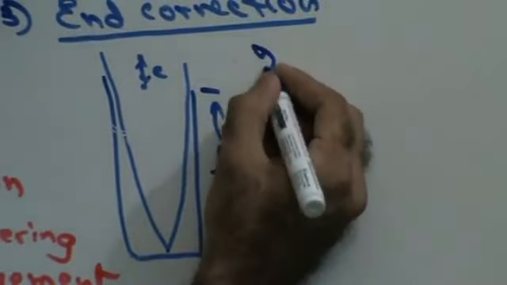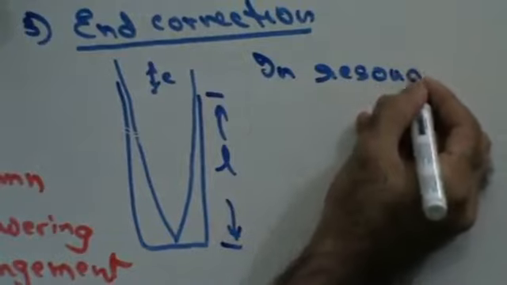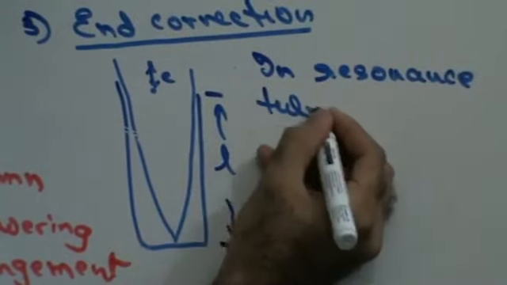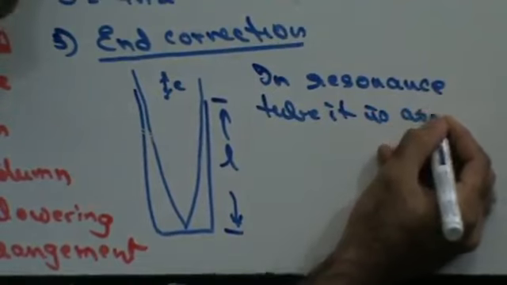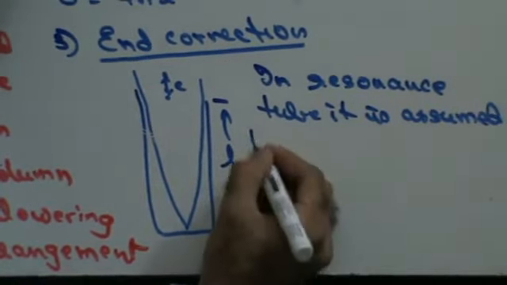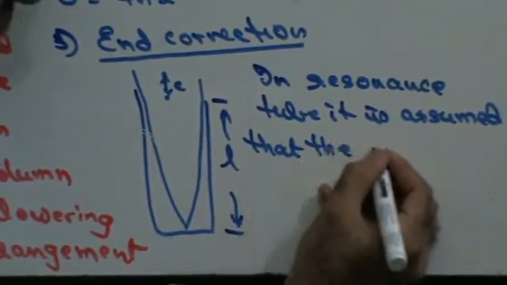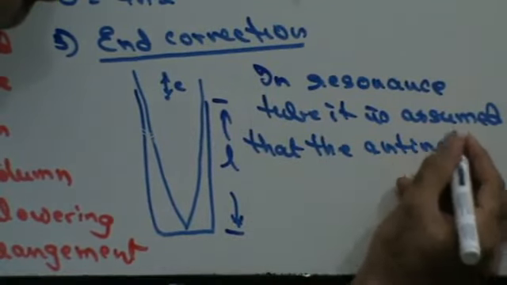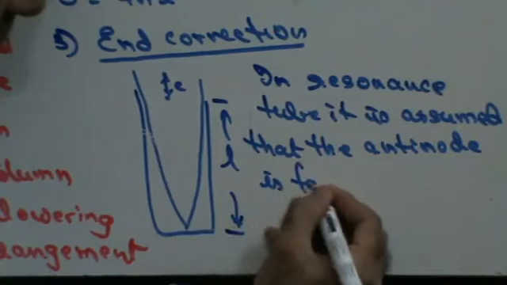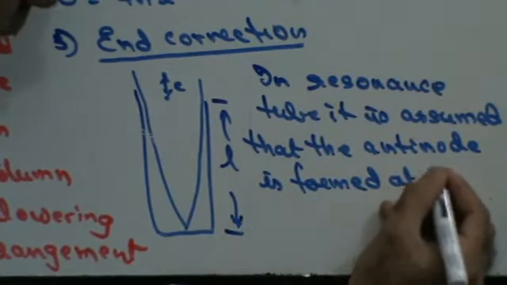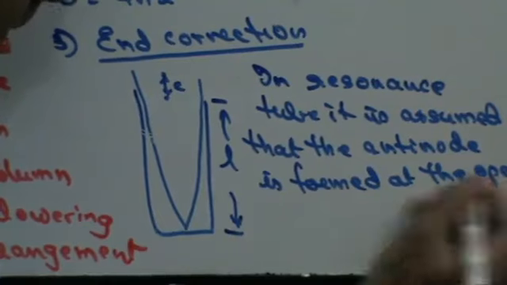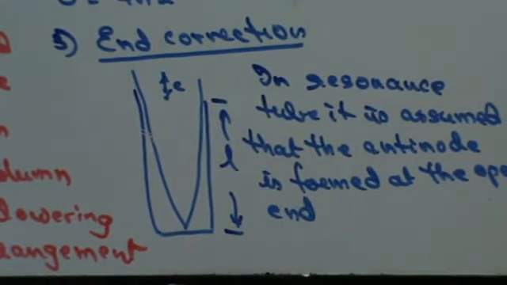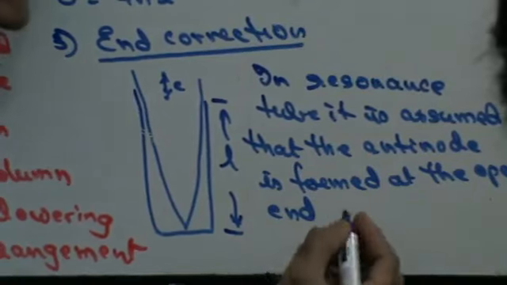Now, I can say that in the resonance tube it is assumed that the antinode is formed at the open end.